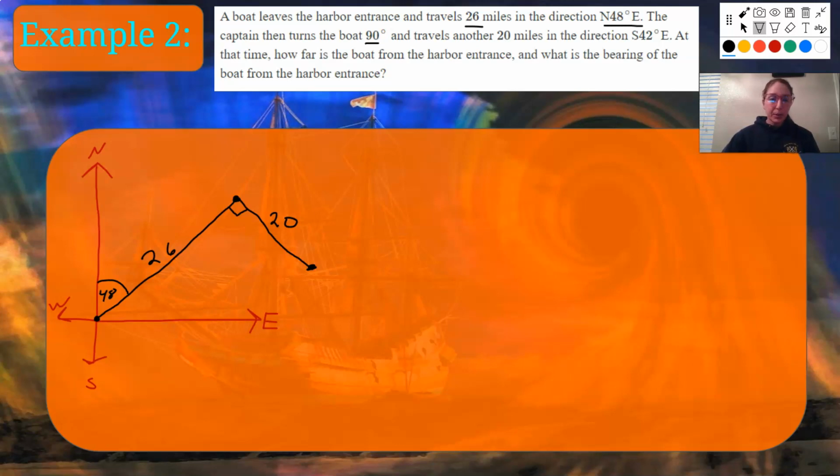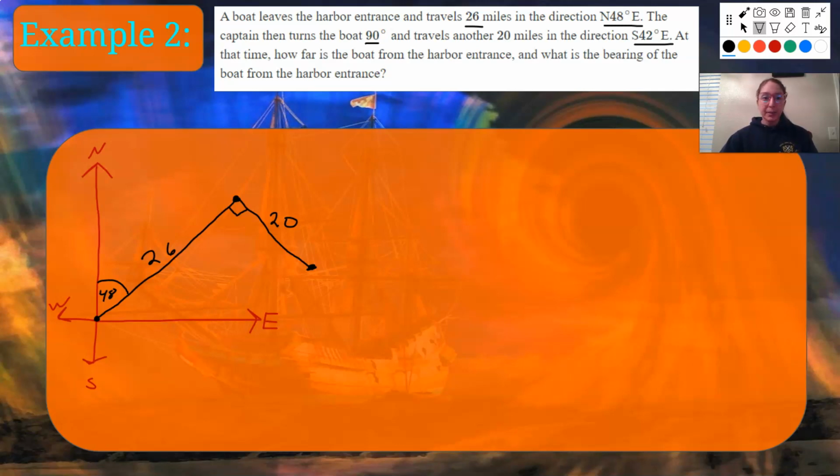So south 42 east. So from this point, I would go south, which is directly down, and then 42. But they already told us that he turned about 90. And I knew we did 90 in this direction because of the east, right? So I know I have a 90-degree angle here, and that's going to be extremely helpful.